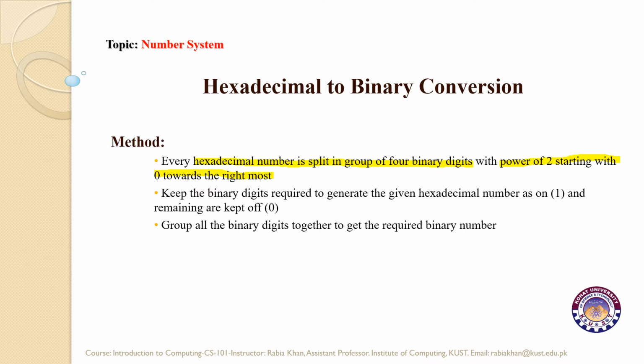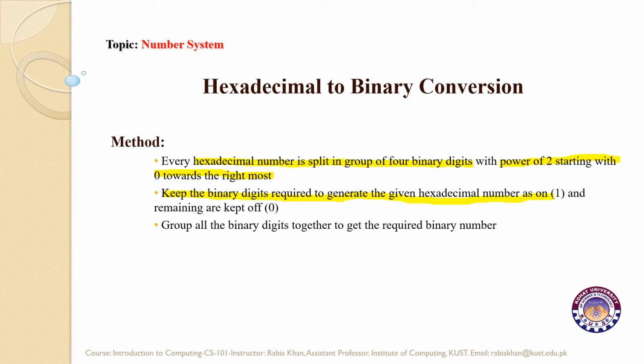So we split every digit within the given hexadecimal number into a group of 4 binary digits. How can we do it? You need to write every digit within the hexadecimal number in powers of 2. The power of 2 would start from 0, and this conversion will move from right to left. In the next step, we need to keep the binary digit that is required to generate the given hexadecimal digit as on.